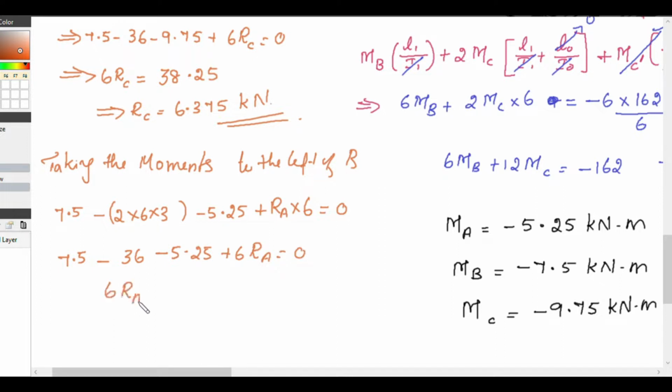So we get 6 RA is equal to 7.5 minus 36 minus 5.25, which is minus 33.75. So RA is equal to 33.75 divided by 6. We get 5.625 kilonewton. So RA is 5.625 kilonewton.